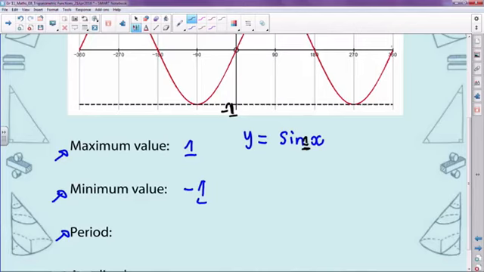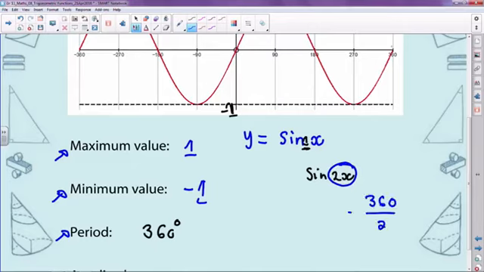So the period of this graph is 360 degrees. And if you still remember from grade 10, if I have, for instance, sine of 2x, the period of this graph will be 360 divided by 2, which equals 180 degrees.